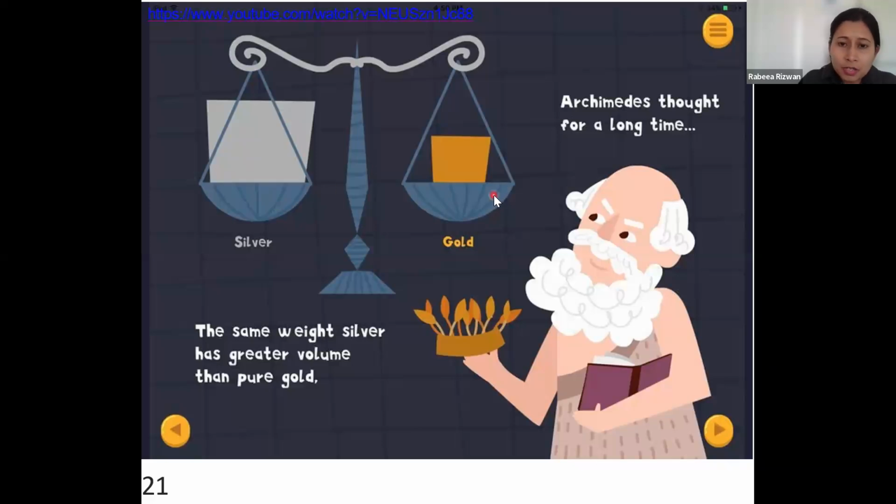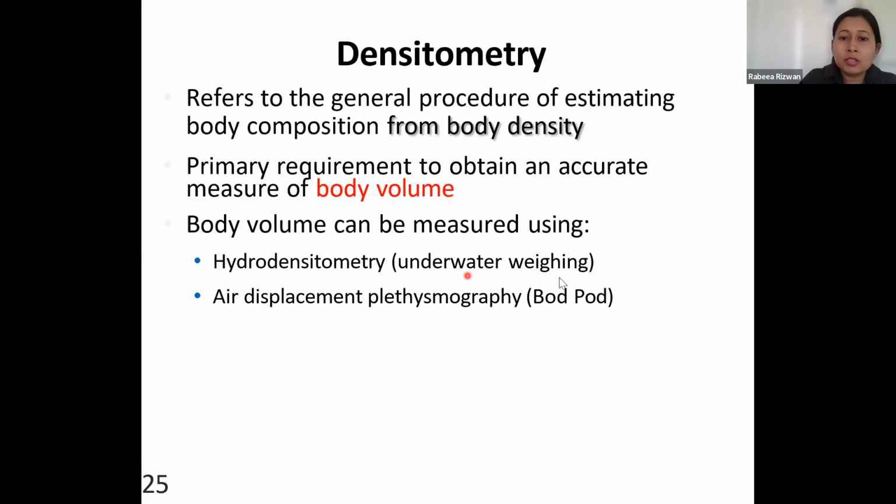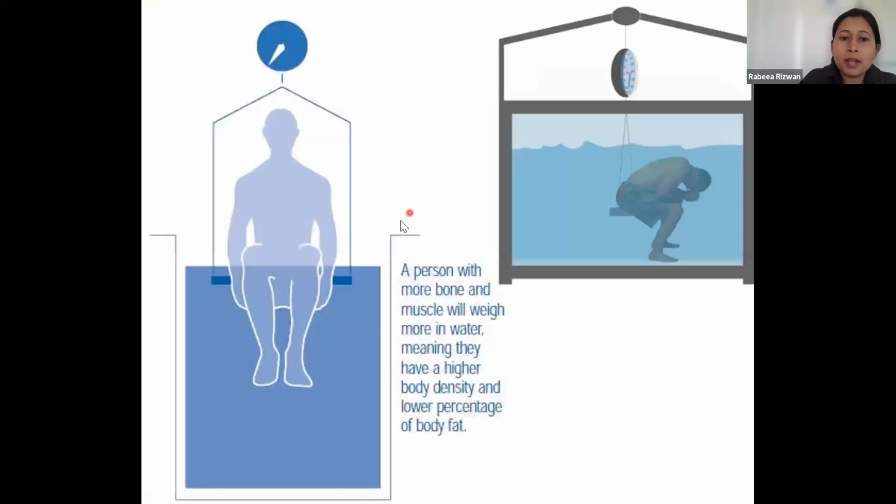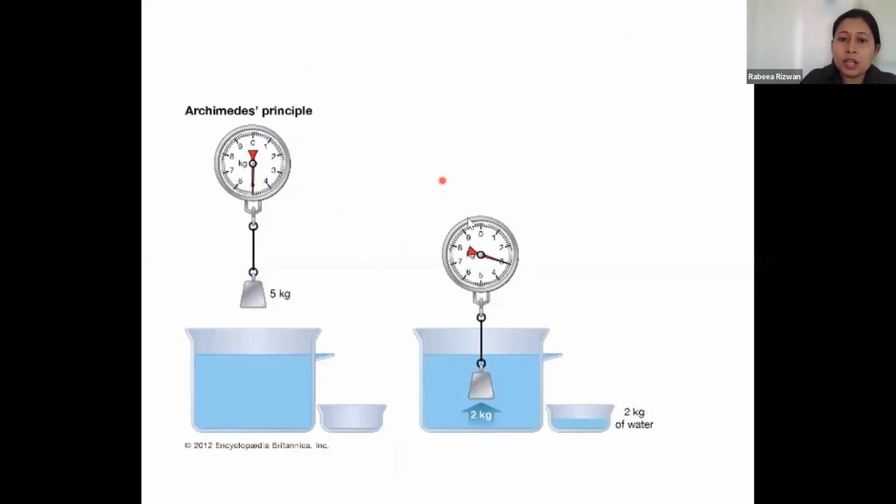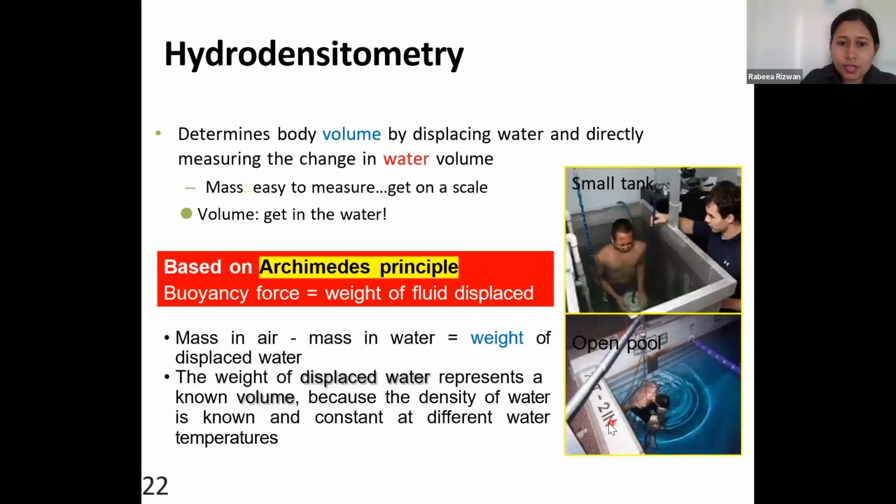Both had the same weight, but he noticed that the pure gold is very small and the silver is very big, so how are their weights equal? It means that how much space an object occupies is called its volume. In the same way, in underwater weighing, hydrodensitometry, we measure the body volume of a person by submerging into water. The person is now completely in water, and how much water is displaced out, like in the beaker, we can evaluate.